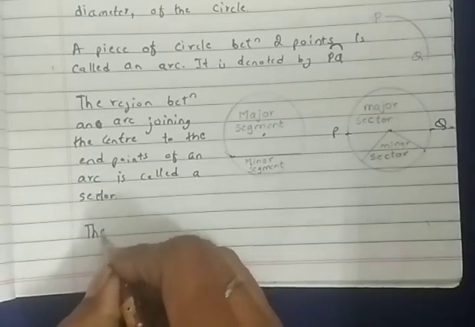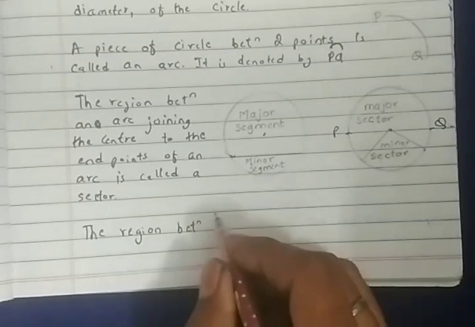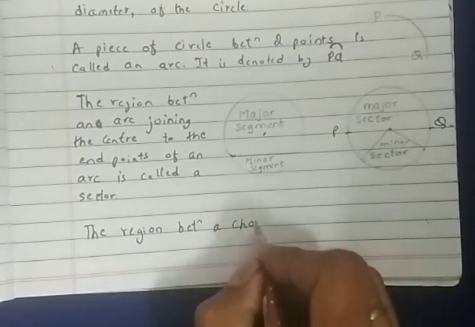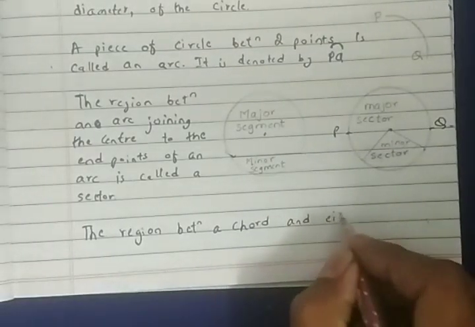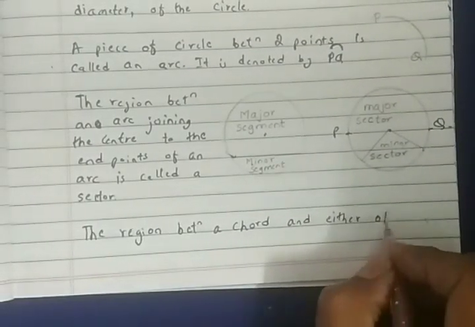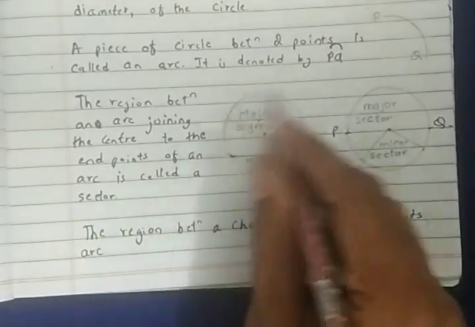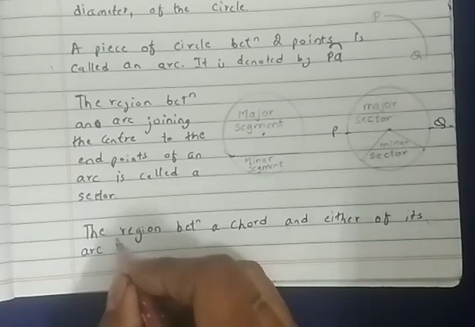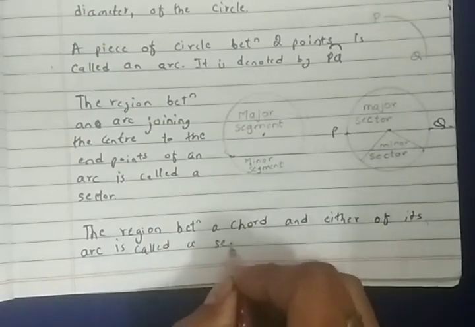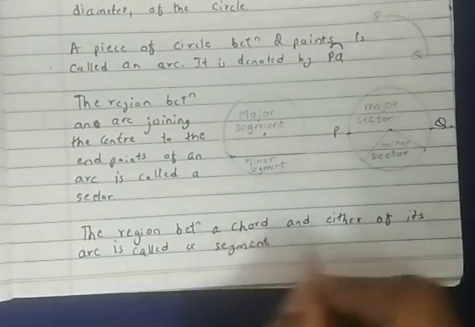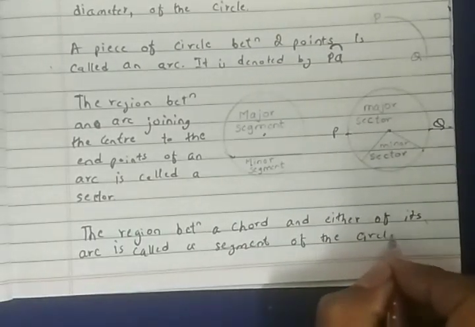It says that the region between a chord, this is a chord, and either of its arc, this is that arc, is called a segment of the circle.